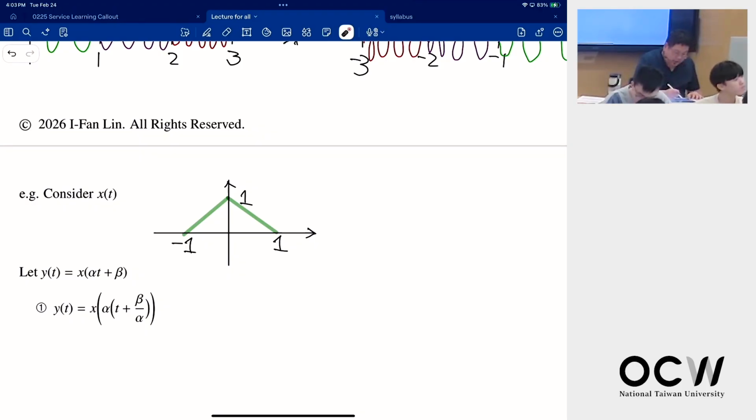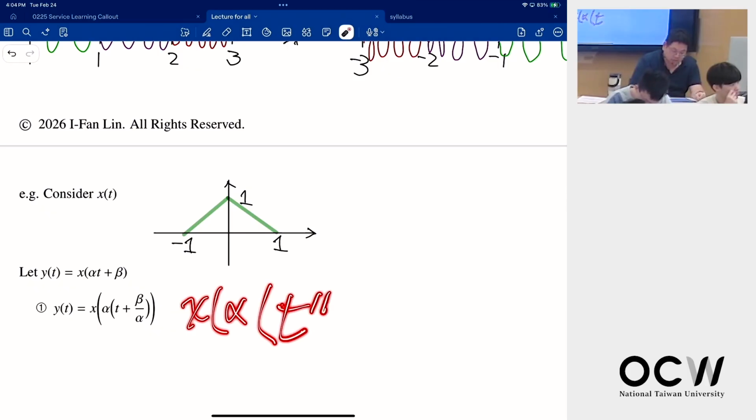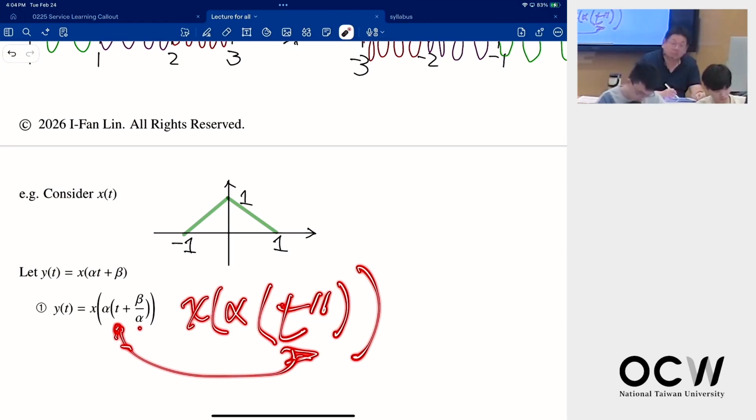So this means now I shift. I have like new 0. Okay, my 0 is at minus beta over alpha. Then I scaled by alpha. Okay, so in this case, you can like changing variables. This is like x over alpha. Let's see another symbol, t double prime. Now change the variable. So the origin, the 0 becomes minus beta over alpha. Okay.